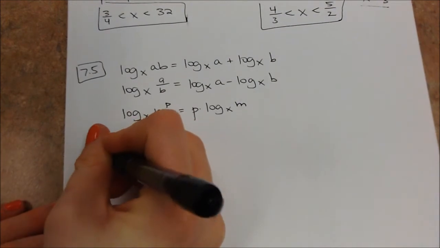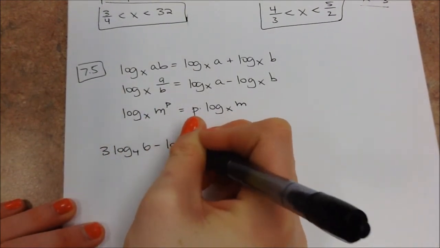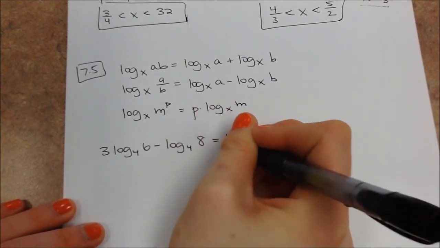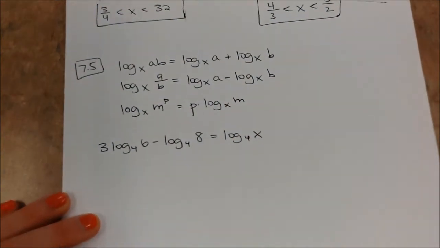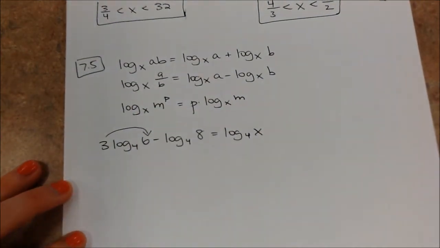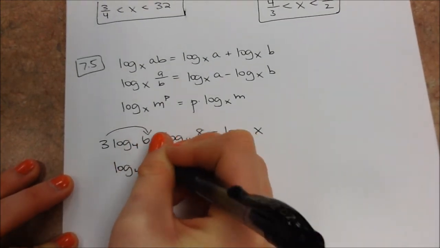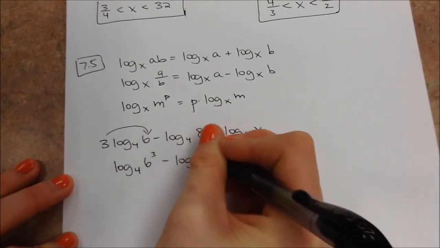So an equation would be something like this. Okay, so you use some of the properties. First of all, on the left, you use the property that tells you this can move inside as an exponent. So you do log base 4 of 6 to the 3rd minus log base 4 of 8.